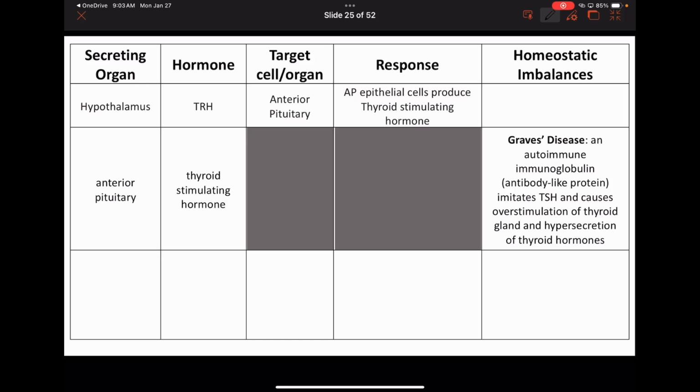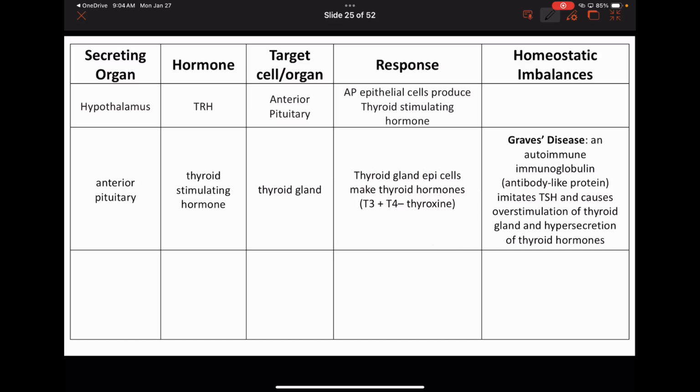The secreting organ then is the anterior pituitary gland. That thyroid stimulating hormone is going to target the thyroid gland. The thyroid gland will then produce thyroid hormone, so our T3 and T4. T4 is our thyroxine, but you can just group them together and call them thyroid hormone. We'll talk about Graves' disease in a second.